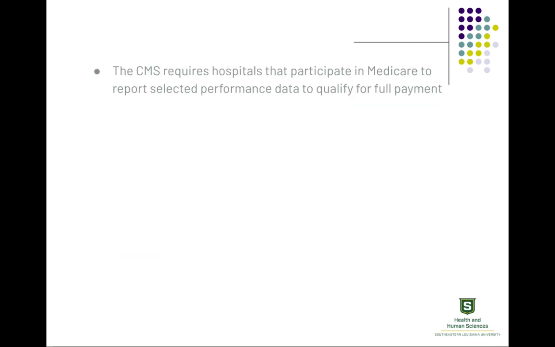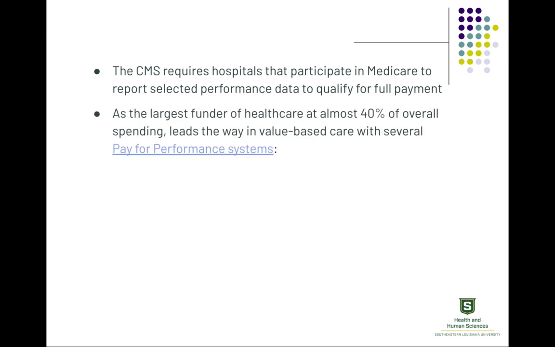So for healthcare providers that are participating in Medicare programs, there are some requirements that CMS has for them, as a way for them either to get their full reimbursement for services they gave, or to get a bit extra. So you have a number of pay for performance systems through which CMS does this.